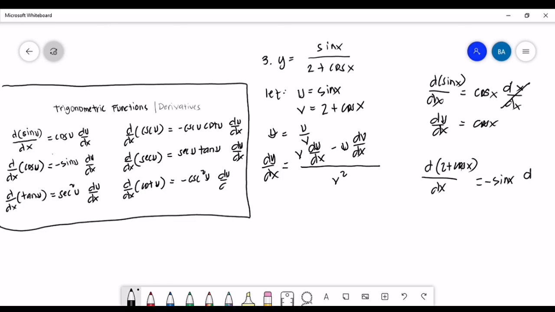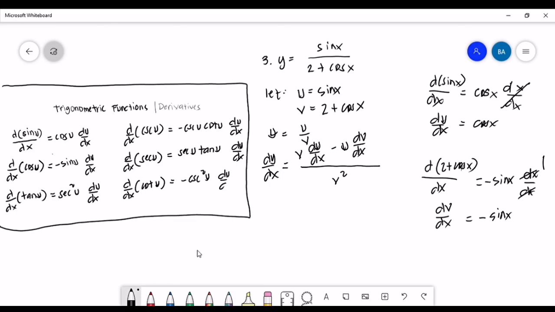Then the derivative of x with respect to x, dx, is also equal to 1, so we must stop there. Overall, our dv with respect to x is equal to negative sine x.